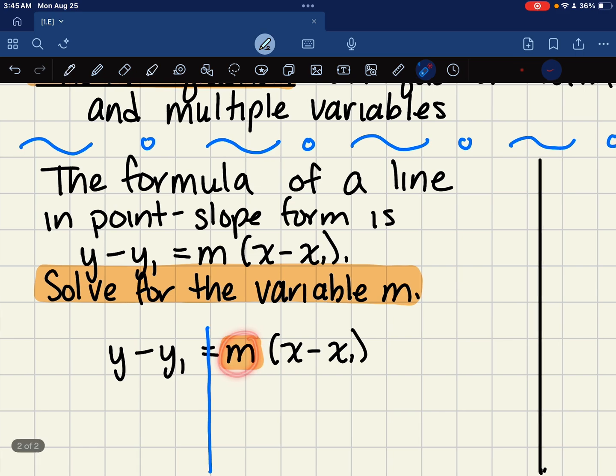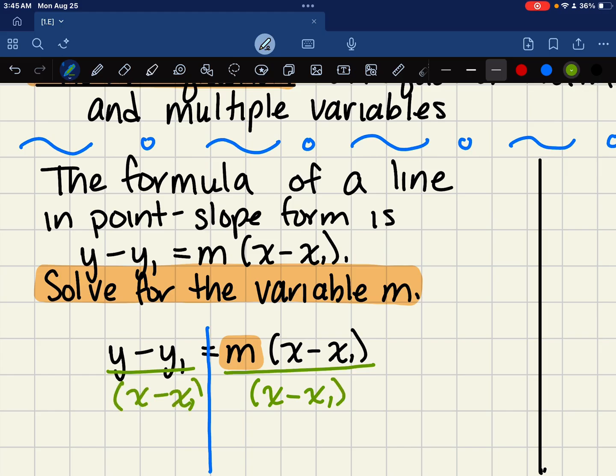If you notice, it is currently touching the parentheses, which means it's multiplying. So to isolate m, I'm actually going to divide. Now the part that throws kids off is I'm not dividing by m, I'm dividing by the thing that's multiplying to m. So I'm actually dividing by x minus x1.